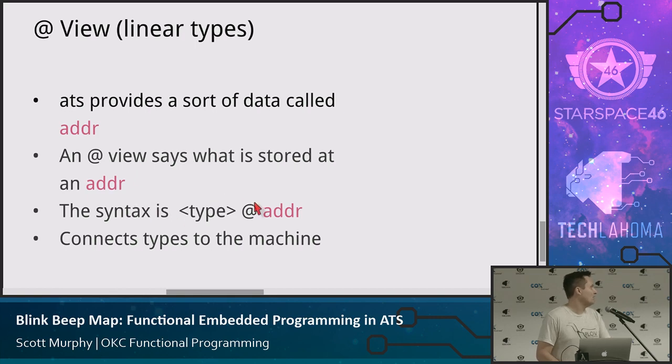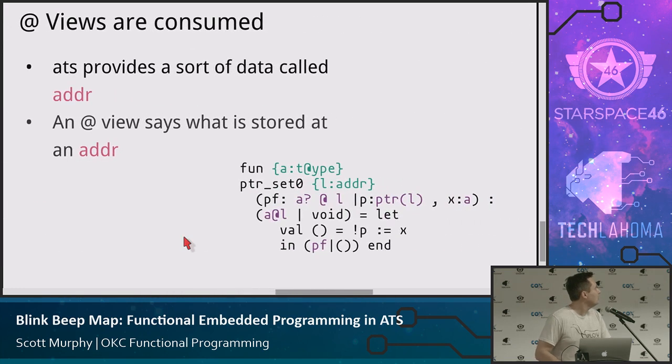So some type is at this address. Again, we're connecting types to the machine. This is what's called a linear type, and it's a form of proof. Whenever you use an at view, it's consumed, which means you can only use that at view one time. That's the linear part. That's what makes it linear, is that you can only use that resource once.